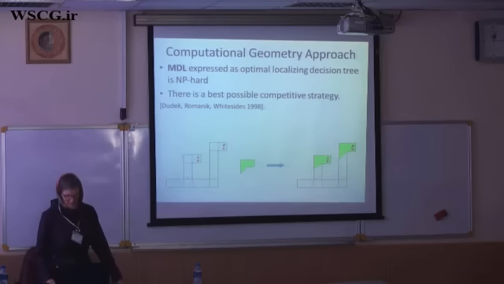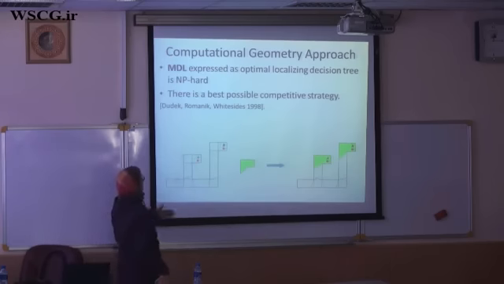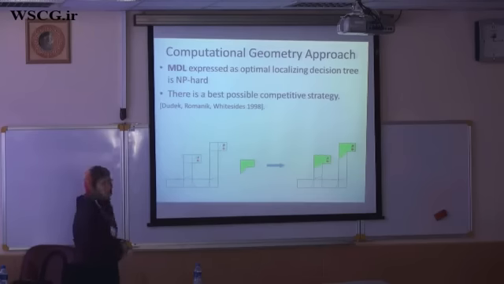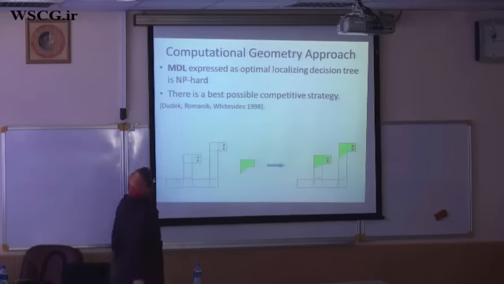So here we were able to prove that this minimum distance localization problem, when you express it as a problem of finding an optimal localizing decision tree, is NP-hard. And what do I mean by a localizing decision tree?